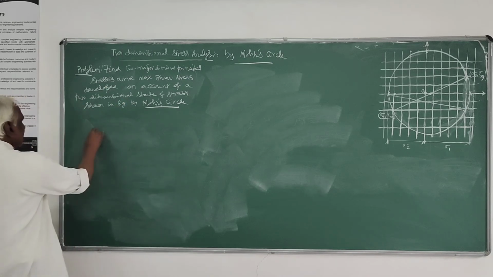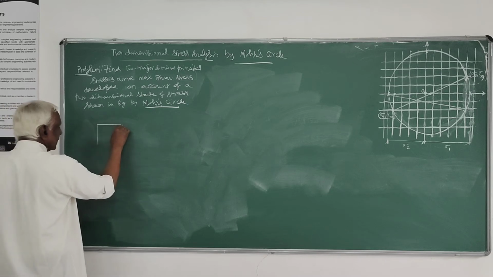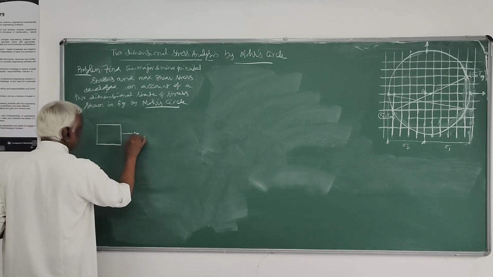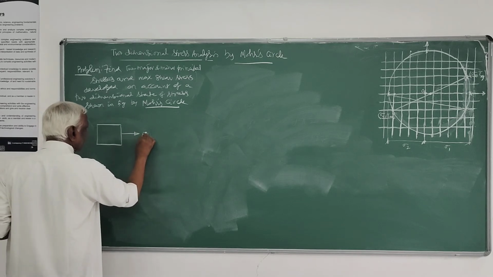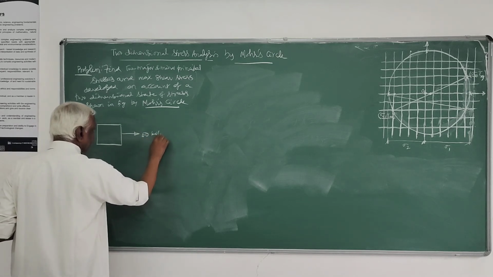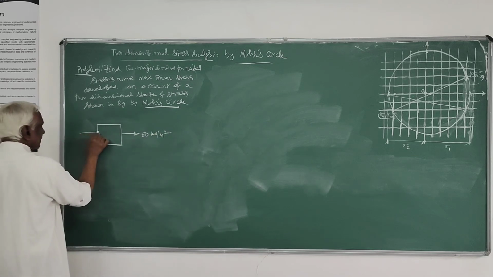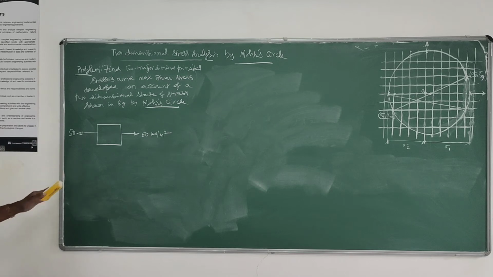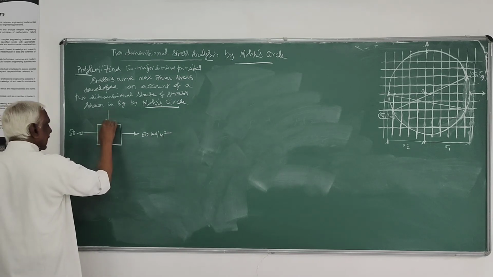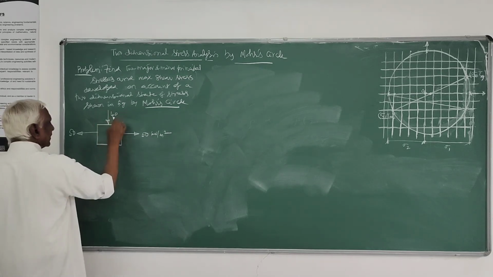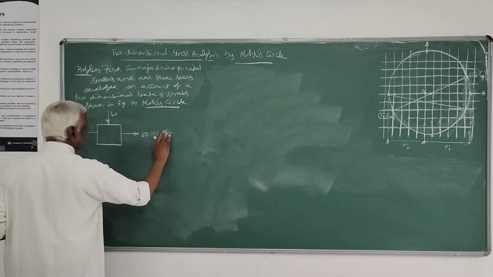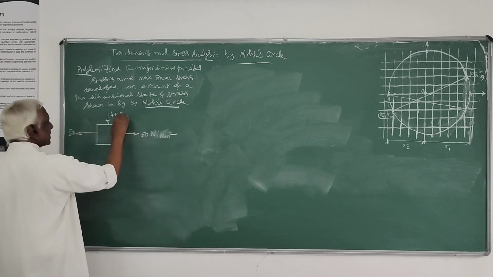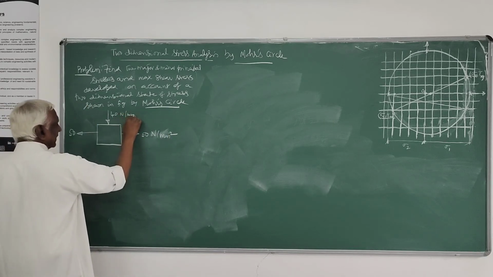So here the problem is the state of stress. It consists of a normal stress of 50 kilonewton per square meter. This is tensile. This also is 50, it has to be equal. And I will take another stress, 40 Newton per millimeter square, whatever the unit is.